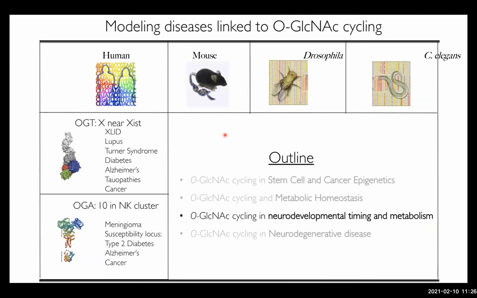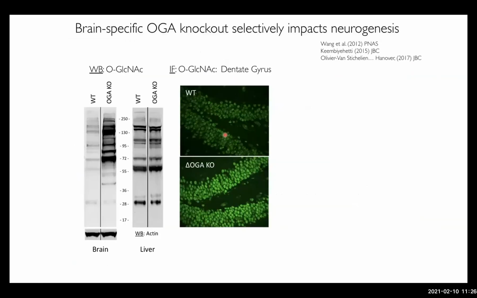We've studied the brain a little more extensively, and I'm going to end with this work on the brain. We found that knocking out OGA specifically in the brain selectively impacts neurogenesis. This is the subventricular zone, and you can see the proliferation by O-GlcNAc. This is an O-GlcNAc specific antibody in the wild type and in the OGA knockout. This is brain specific. You don't see the knockout occurring in the liver or other organs, but you do in the brain.